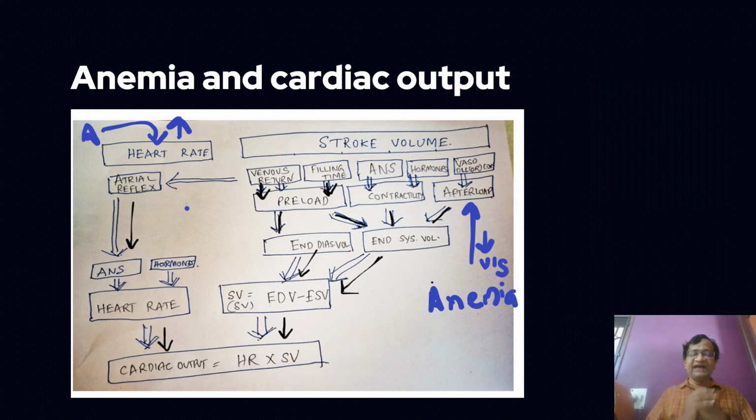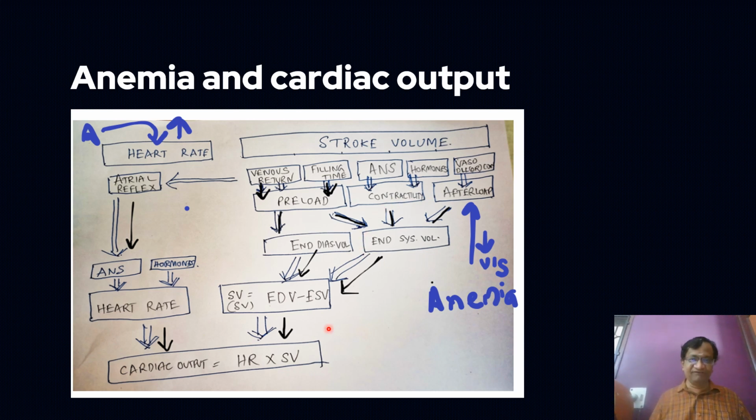So you go into anemia and cardiac output. What happens in anemia? In anemia, heart rate increases. So heart rate is increased, point one. But here you can see anemia causes viscosity to decrease. It becomes less viscous. So viscosity and lumen form the afterload. Decreased viscosity will cause decreased afterload.